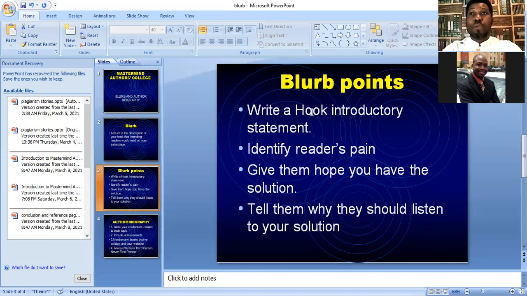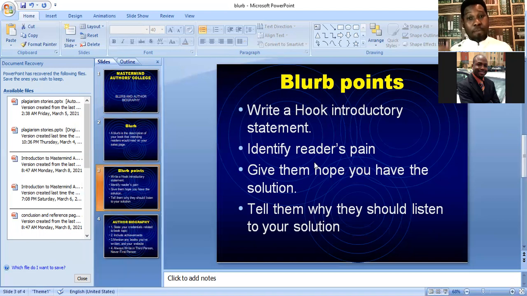Let's imagine that somebody is having a problem with financial management. The person earns a lot of money but doesn't know how to invest the money, so he's still broke even though he earns a lot of money. Your blurb should identify that problem.